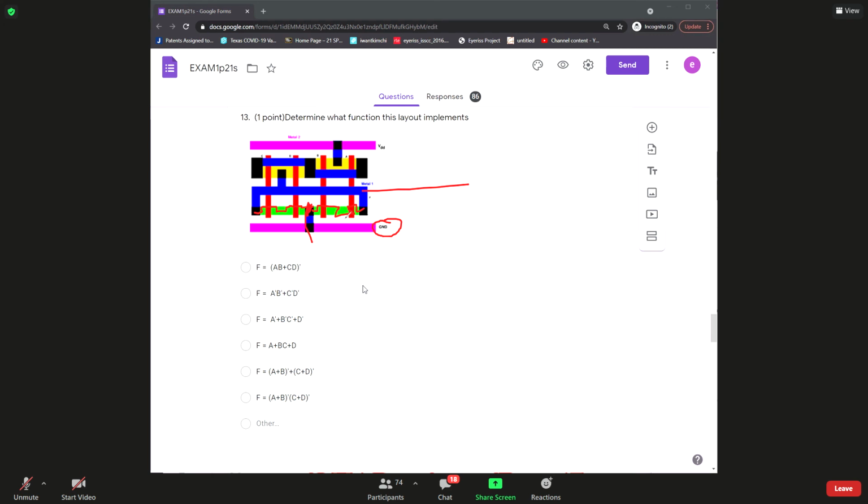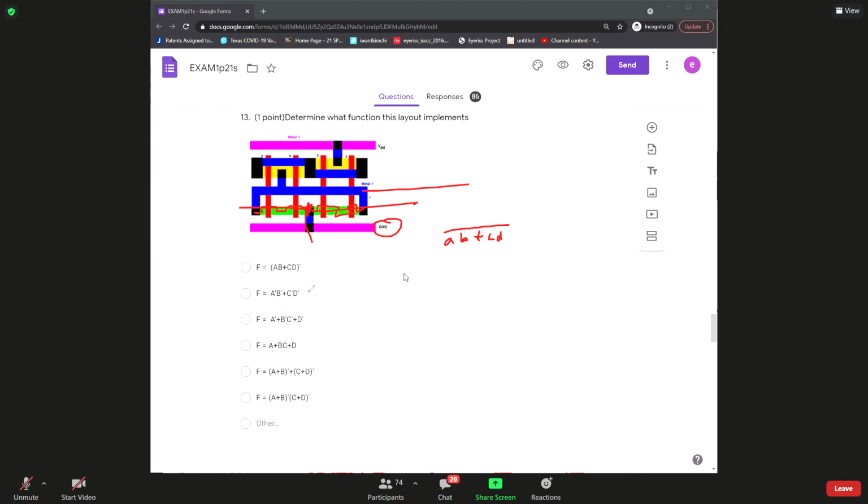So as long as this path is connecting or this path is connecting, you'll have a connection down to the ground. And that's the point. I get it. Thank you. Okay? So it's A, B, or C, D. That expression gets you down to the ground. Therefore, I'm going to put a bar over the whole thing to indicate that it's going to give me a 0 when this is true.